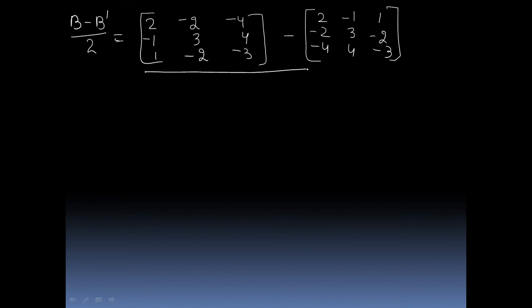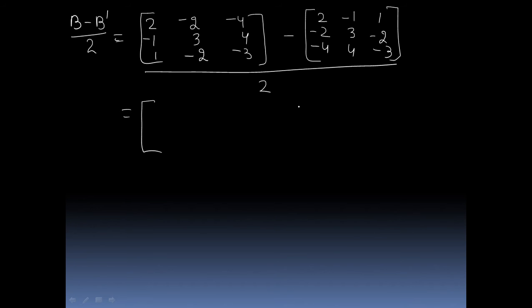Now again we write the statement: [2 -1 1; -2 3 -2; -4 4 -3]. After transpose, B's statement changes to [2 -2 -4; -1 3 4; 1 -2 -3], divided by 2.